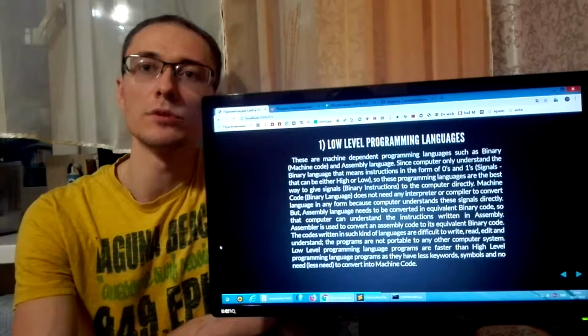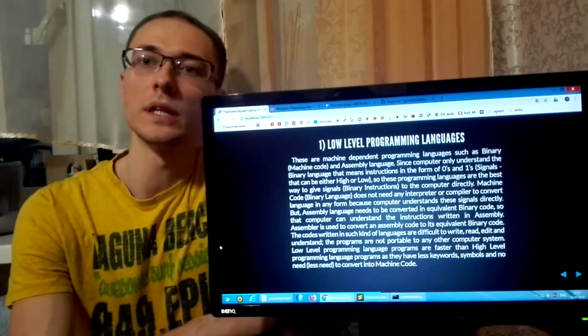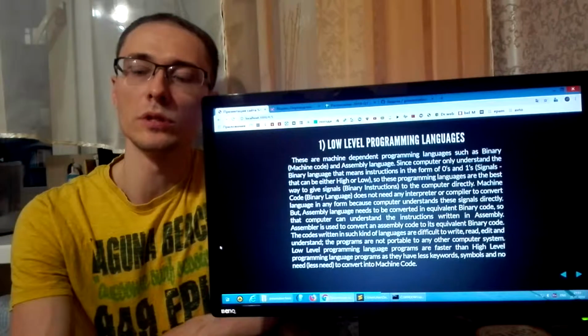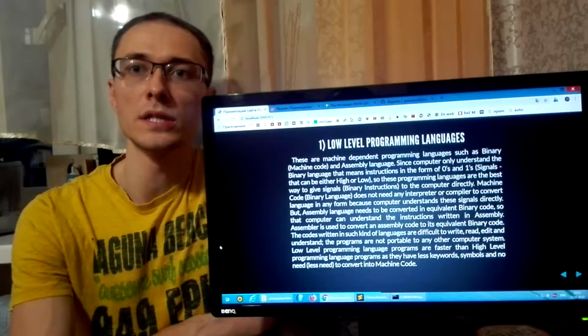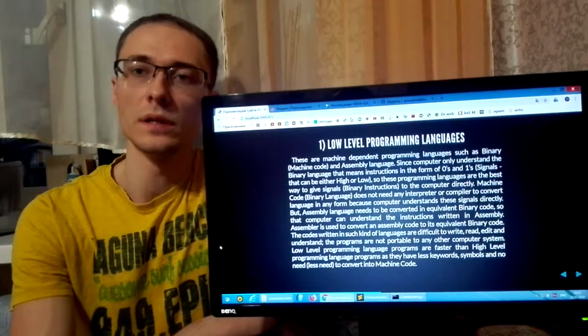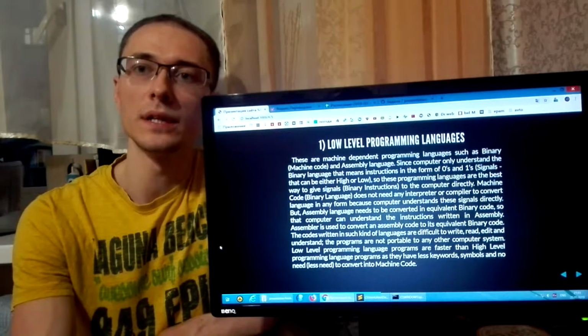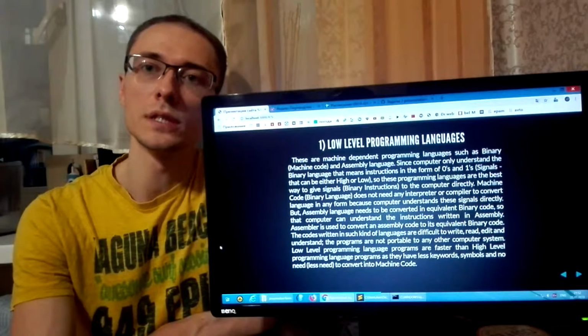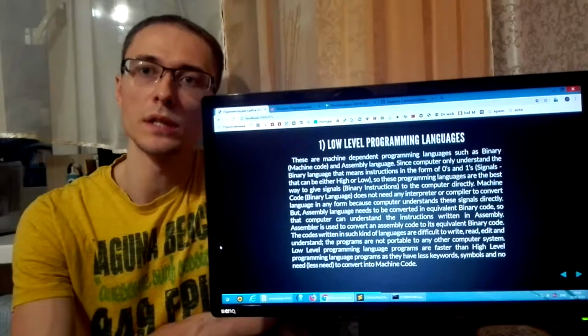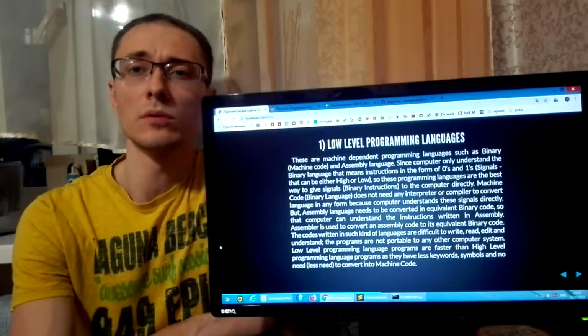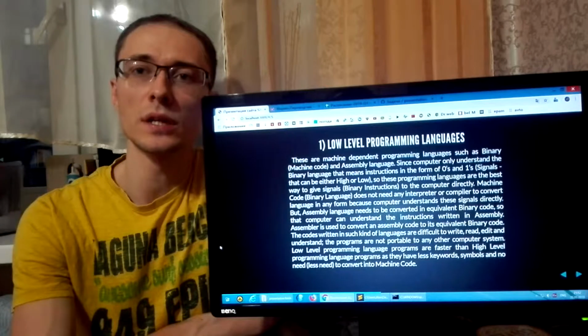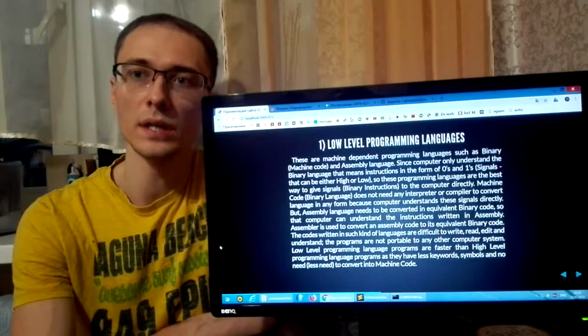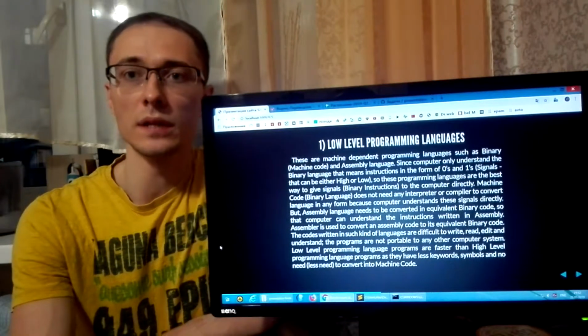But assembly language needs to be converted into the required binary code, so that the computer can understand instructions written in assembly. An assembler is used to convert assembly code to its required binary code. The code is written in such a kind of language that it is difficult to write, read, edit, and understand.